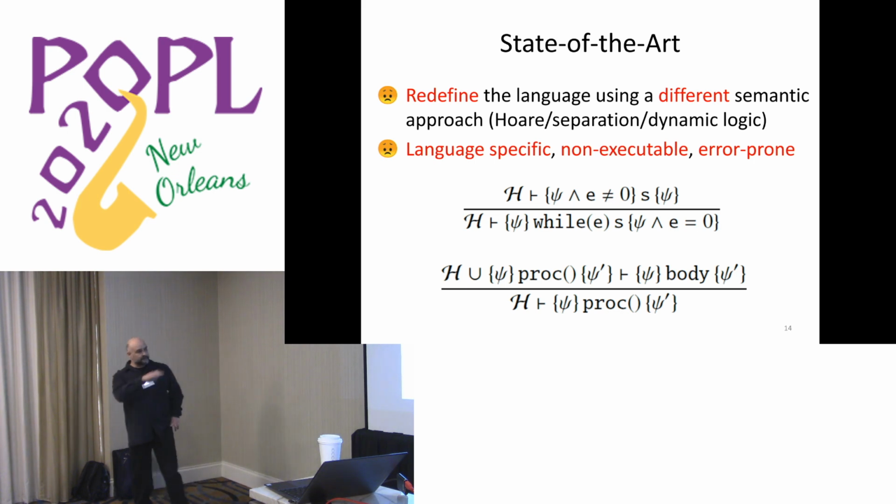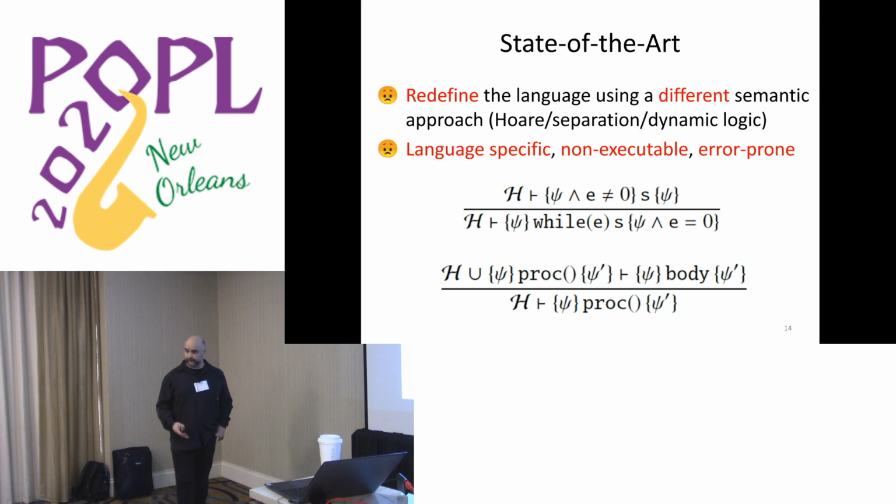It doesn't matter, I just picked Hoare logic, but in other formats you have to do the same. So you have to sit down and rethink your language. And when you have a language like C with 5,000 or more rules, that's a very serious endeavor. It may take more than a whole PhD, maybe a PhD for 2 people or so. So it's a huge effort. So we'd like to avoid that.